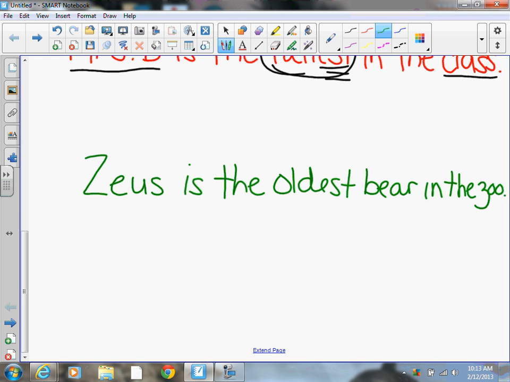Okay, Zeus is the oldest bear in the zoo. Tell me what word is the comparing word there? Which word is the word that compares? Alex. Oldest. So oldest is my adjective.